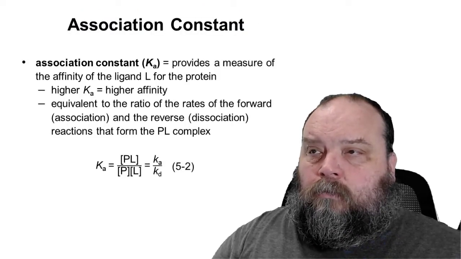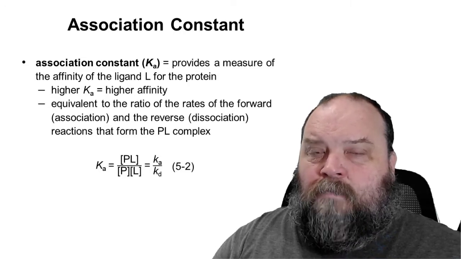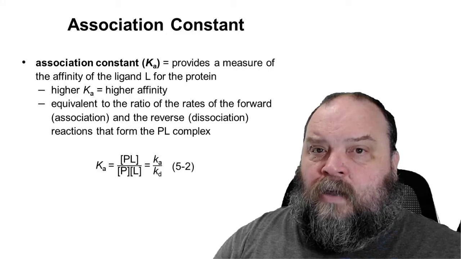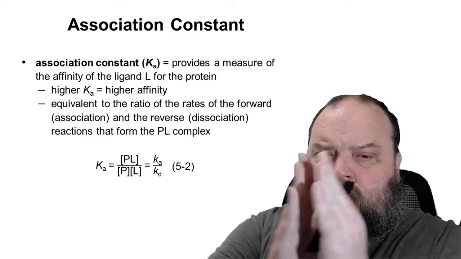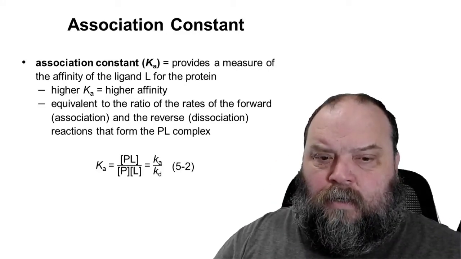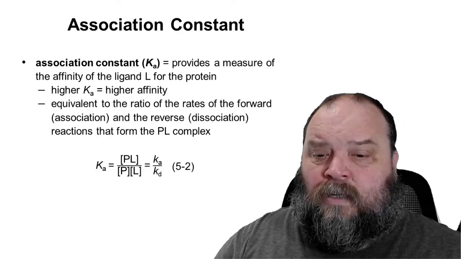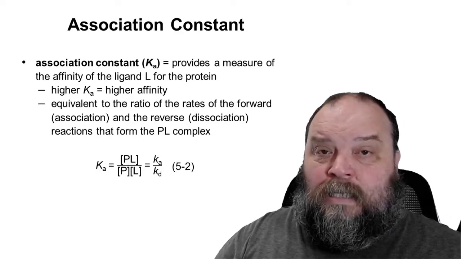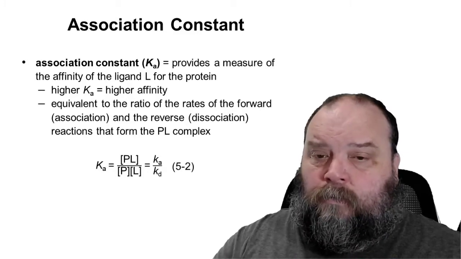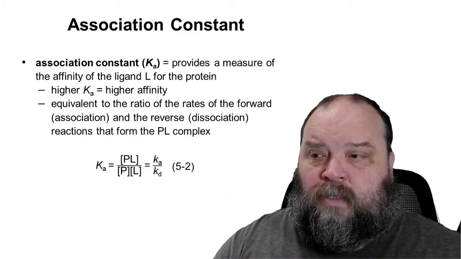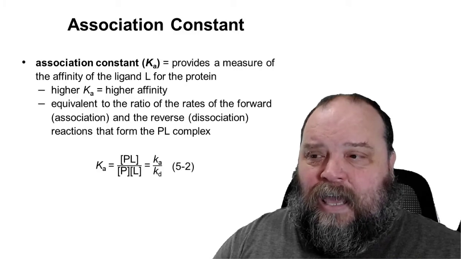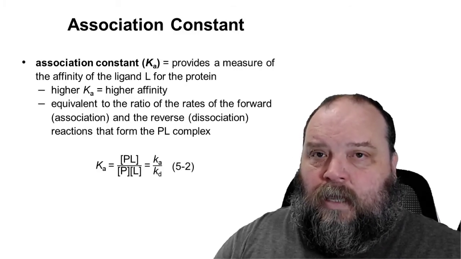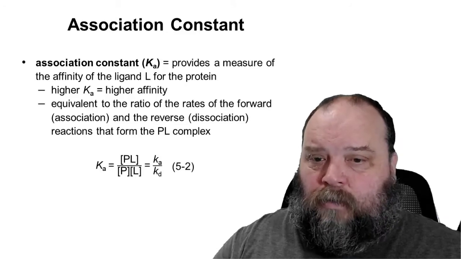Well, how tightly are they bound to each other? Yes, it is reversible, so it's not a covalent bond, but what's the affinity for each other? Is it a high affinity? Is it a low affinity? Is this something that's easy to make and really easy to break? Well, we have an association constant, Ka. Ka is a relative number.